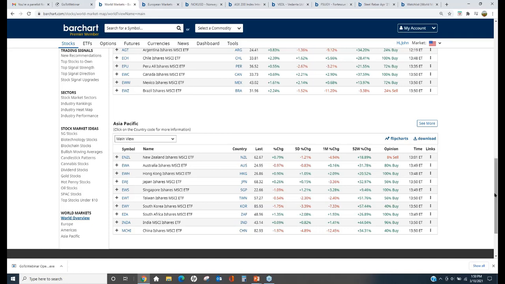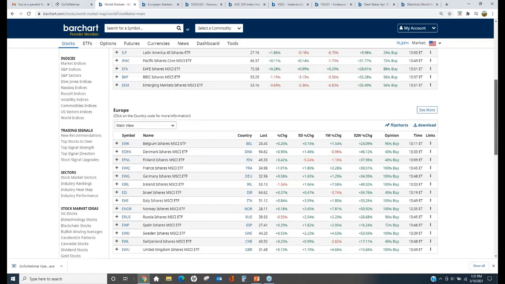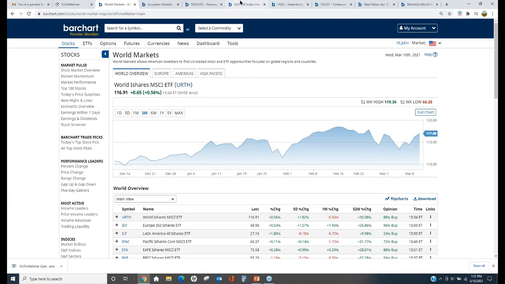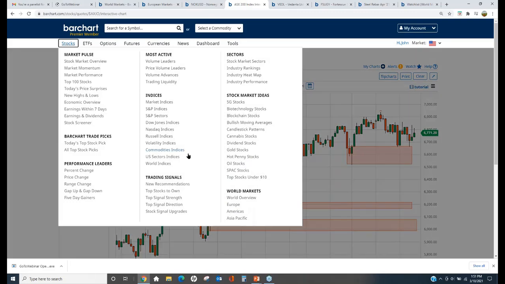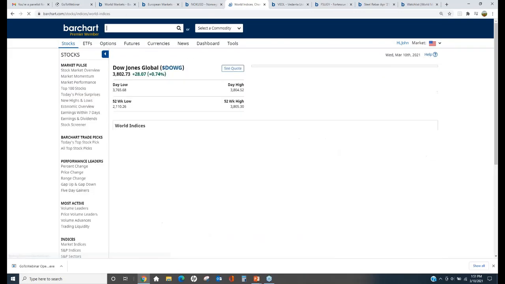So we're getting a question: what is better, an index or an ETF for trading? And again, it's what you want and what you want to get out of it. An index might give you a broader view. Let's go back to our world indexes, right? And indexes can be as diverse as well.